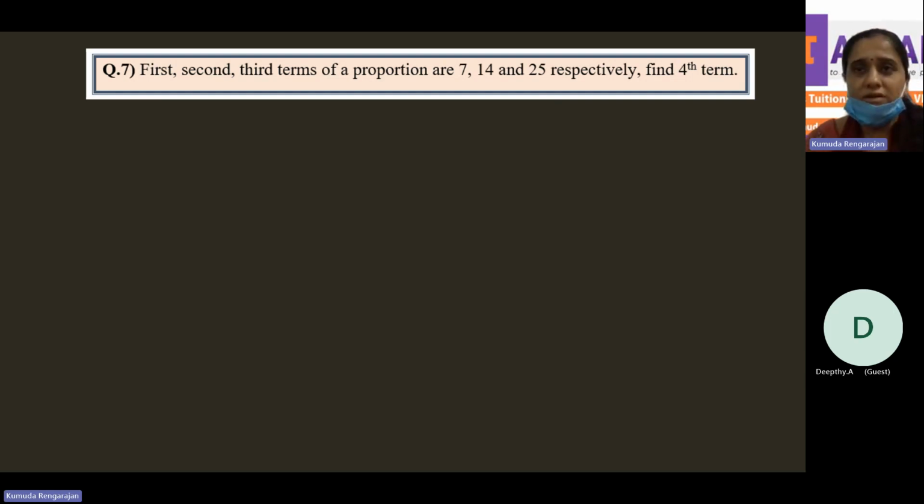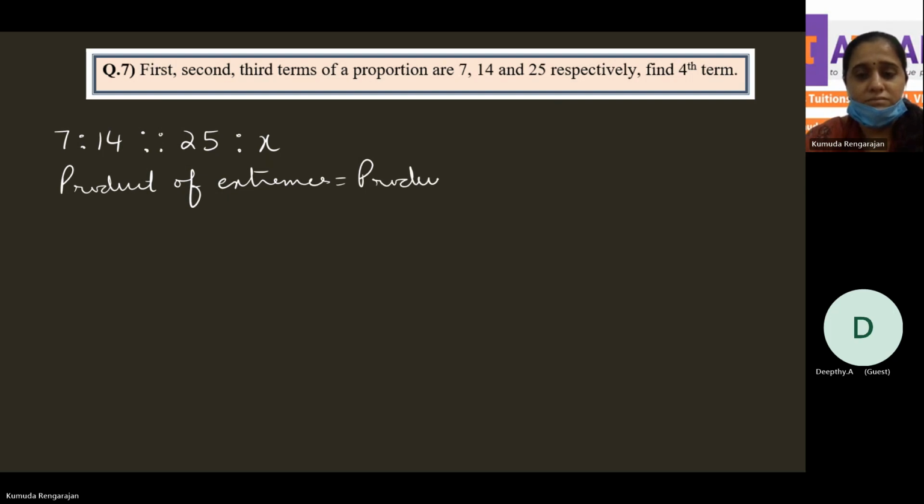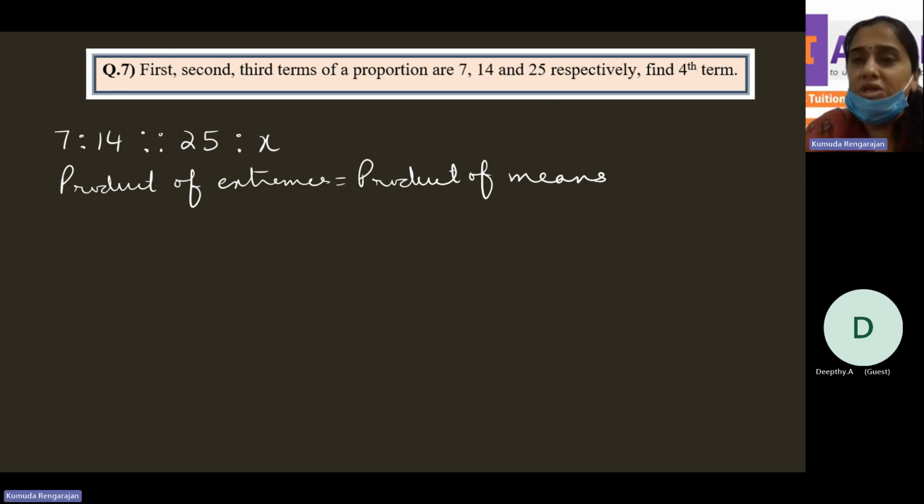When two ratios are equal, they are said to be in proportion.